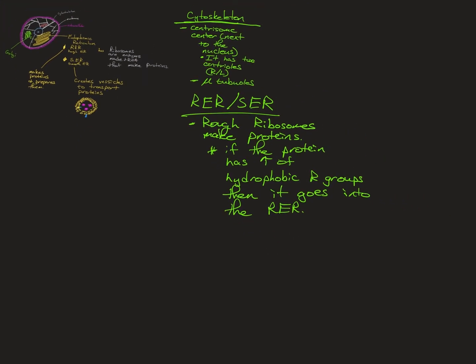There in the RER, they get things added to them. You add lipids and carbohydrates.